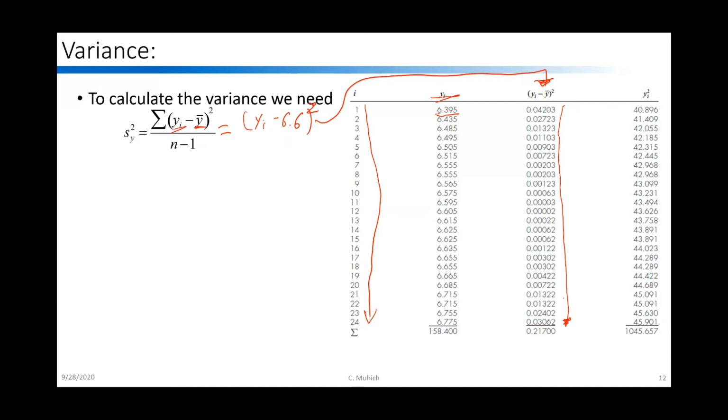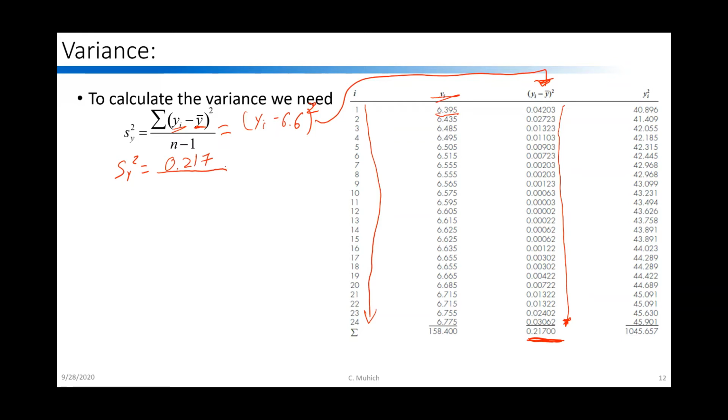When I do this, I find that I can take each of these and then sum them up. So here I've gone through and summed those values together. This gives me a value of 0.217. Right?